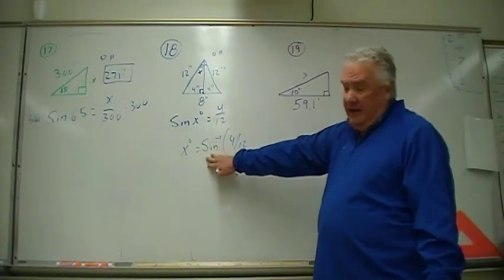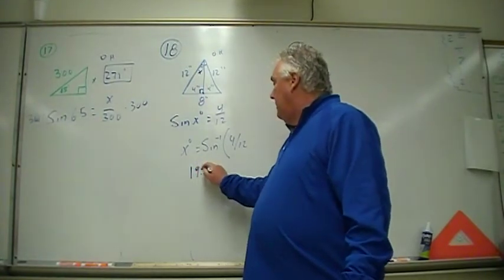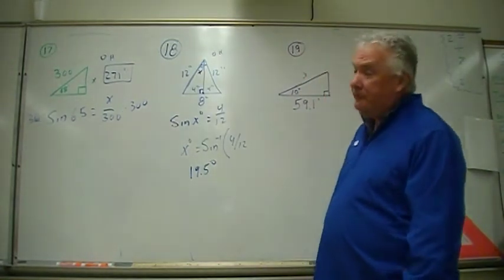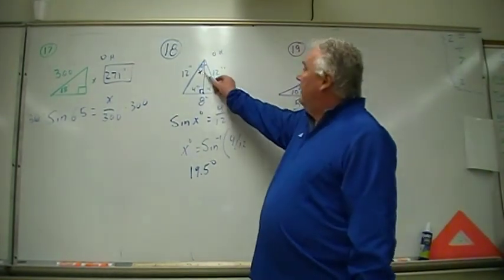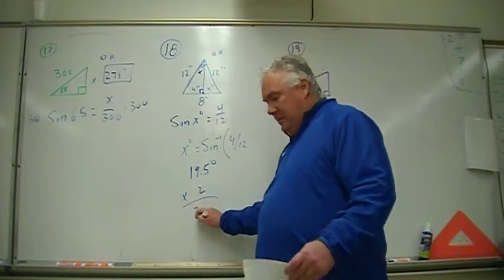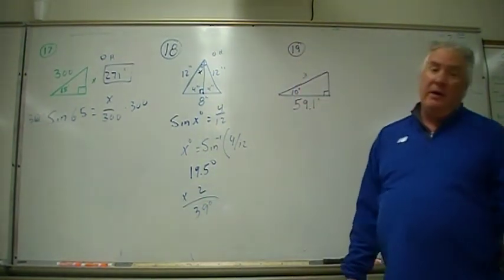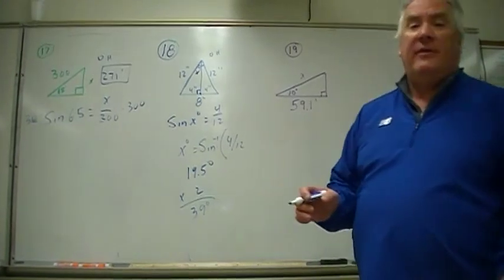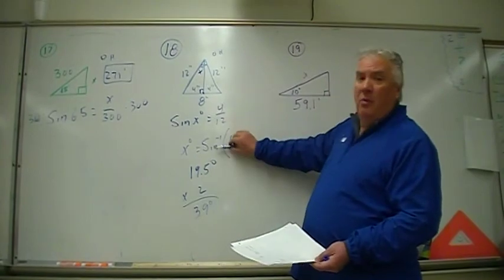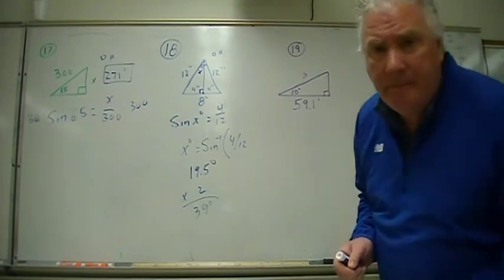And when you do the sine inverse key, 4 divided by 12, you will get 19.5 degrees is the measure of this angle right here. But we're looking for both of them, so we have to times it by 2 to get 39 degrees. If you got 38.9 or 39.1, perfect, you're right there, okay? That means you've done everything right. Again, showing me the work, really helpful to give you some partial credit along the way.